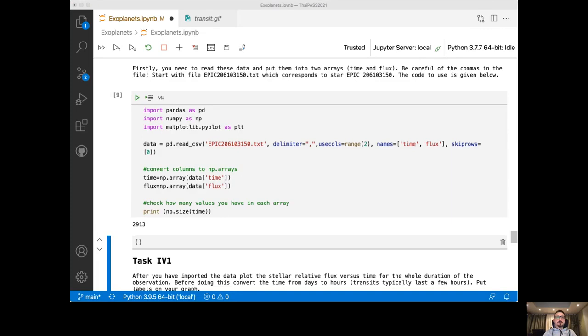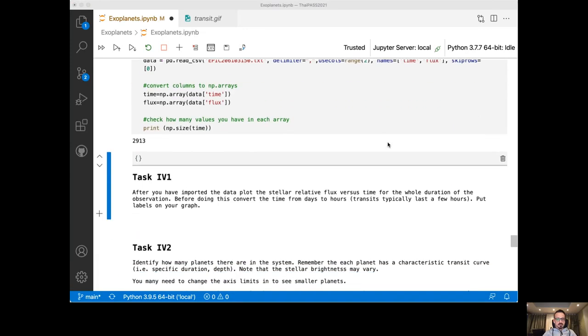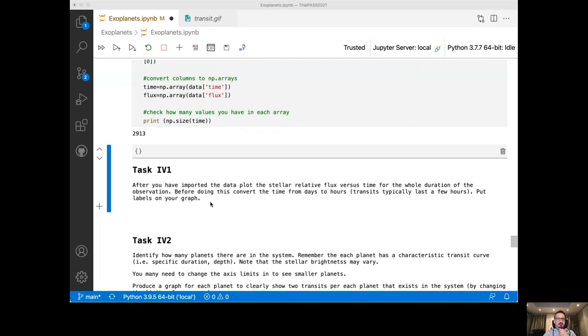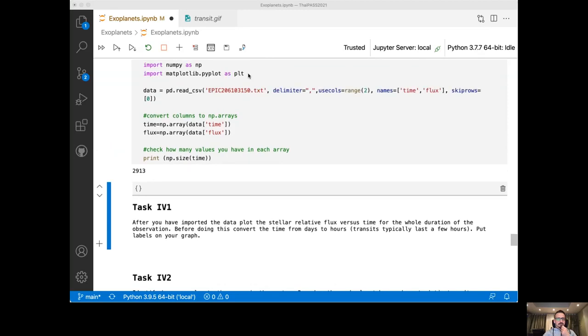And then what I ask you to do for the first task is to plot the data. That's the easiest thing. I ask you first to do it in hours because I think it's easier for the tasks that come afterwards.